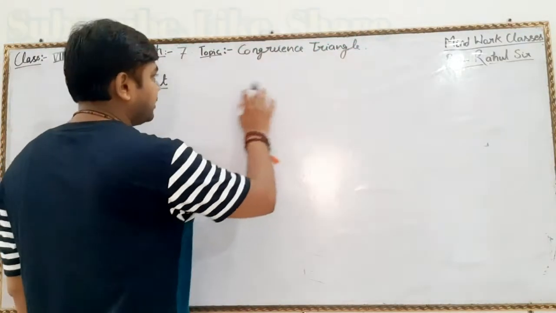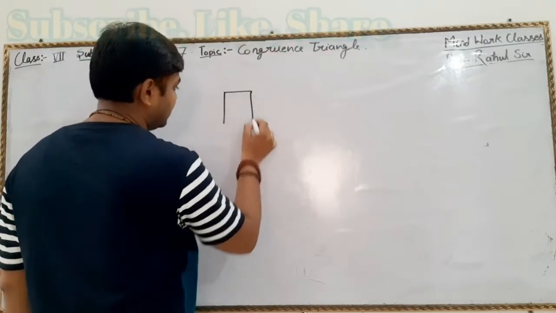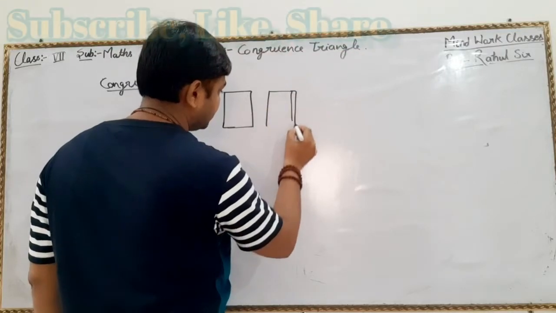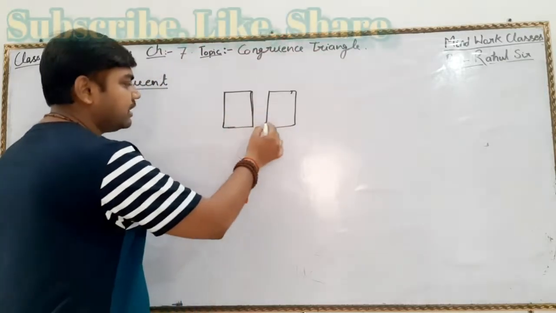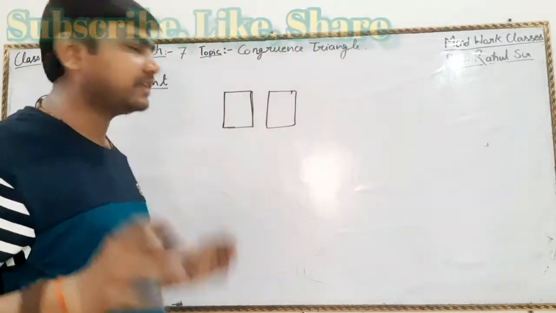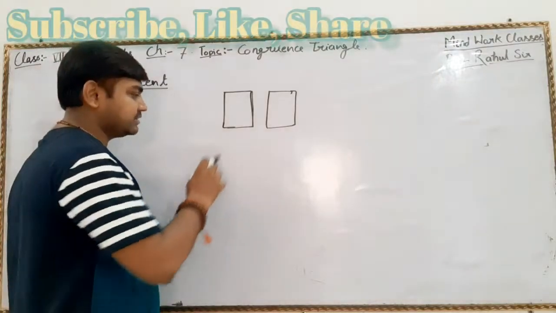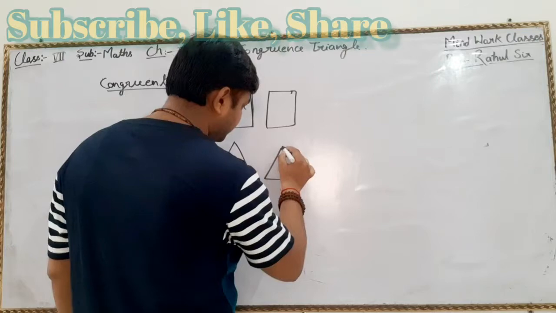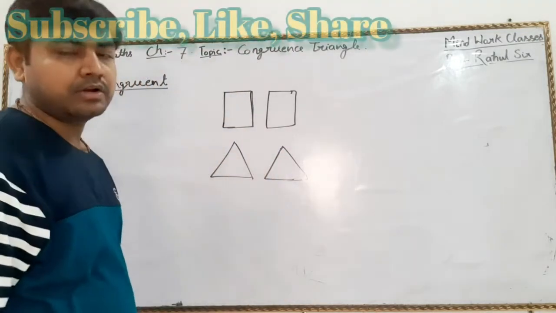Congruence means, for any shape, like the rectangle I have made here, if one rectangle is exactly the same as another one, then these rectangles will be called congruent rectangles. Similarly, if one triangle is exactly the same as another one, then these two triangles are congruent.